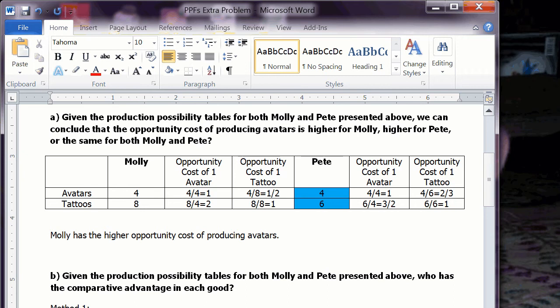So Molly has the lower opportunity cost for producing tattoos, so she has the comparative advantage in producing tattoos.